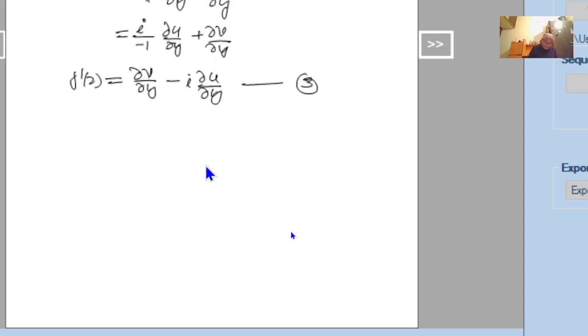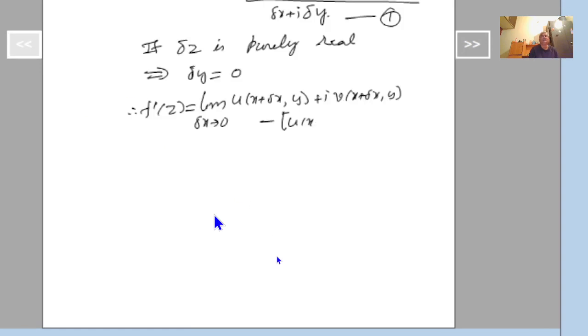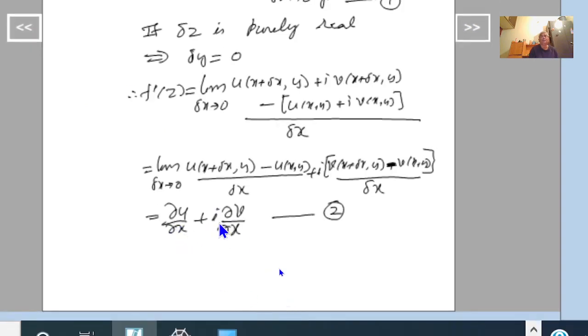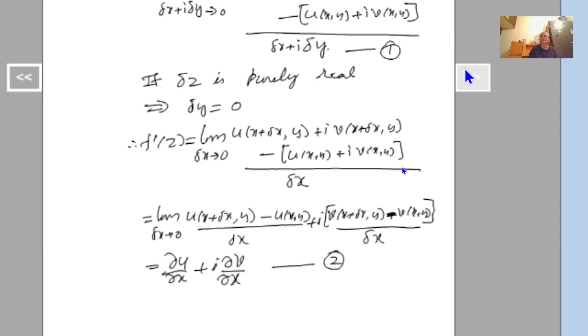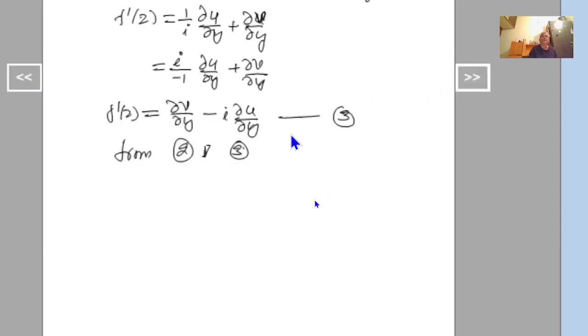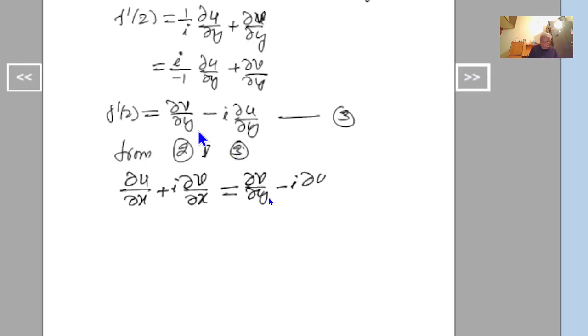So from 2 and 3, we write RHS of 2, dou u by dou x plus i into dou v by dou x, is equal to RHS of 3, dou v by dou y minus i into dou u by dou y. Okay.